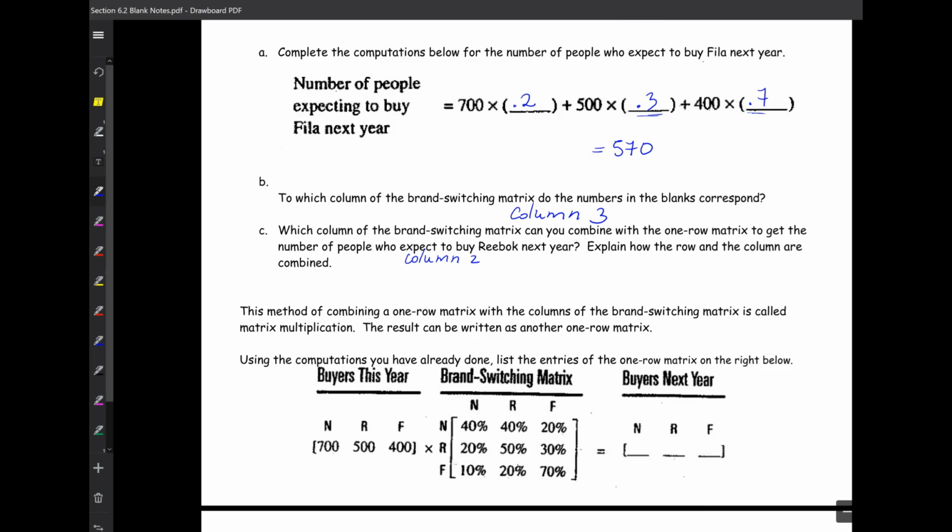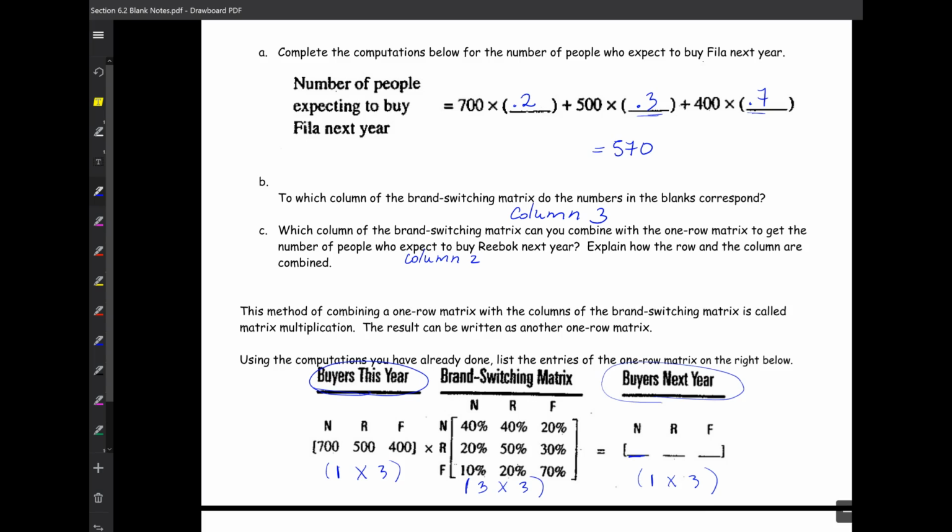So if we took this 1 by 3 matrix and multiplied it by this 3 by 3 matrix, we're going to get a result of a 1 by 3 matrix. If we look at how many buyers this year currently bought Nike, Reebok, or Fila, and we multiply it by the brand switching matrix to see what they will switch to, we can get the projected buyers for next year for each brand.